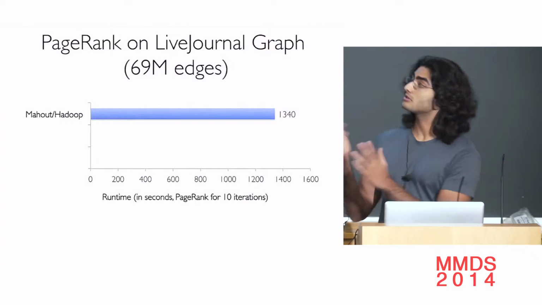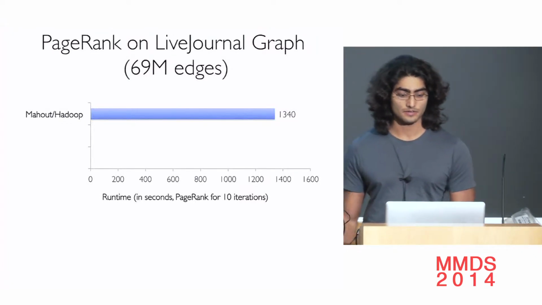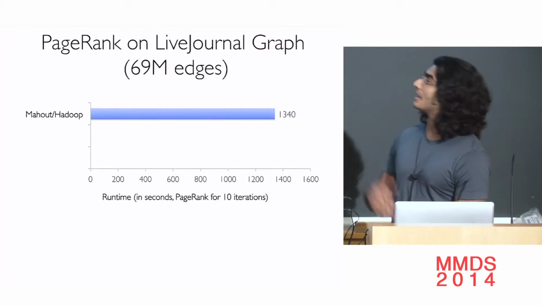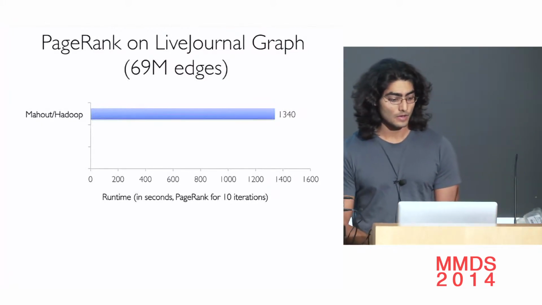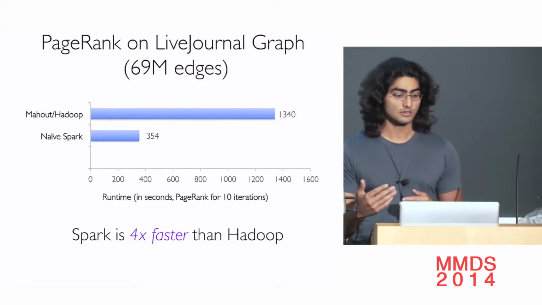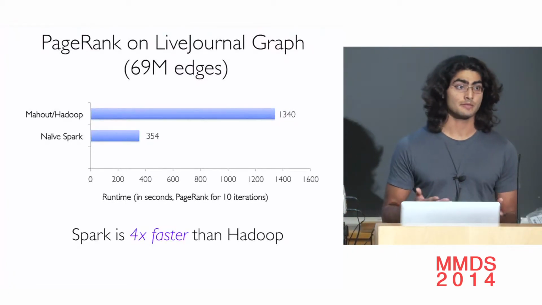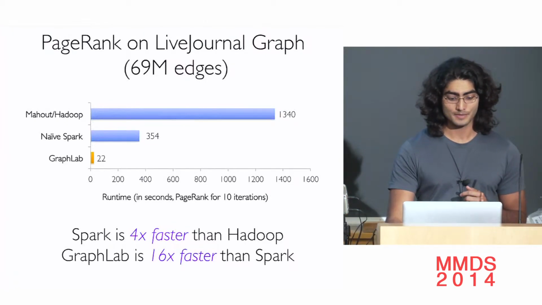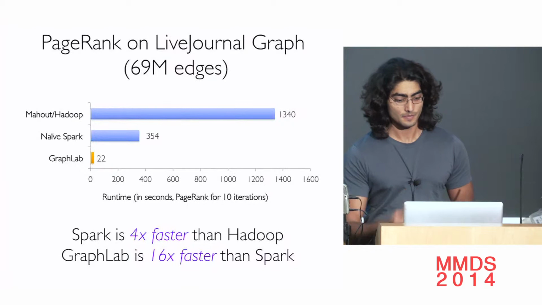And so, for example, a general system like MapReduce might take about 1,300 seconds to run PageRank on a medium-sized graph with 69 million edges. Whereas another similar general system like Spark maybe uses memory better, and so it's 4x faster. But a specialized graph system like GraphLab is 16x faster than even that.